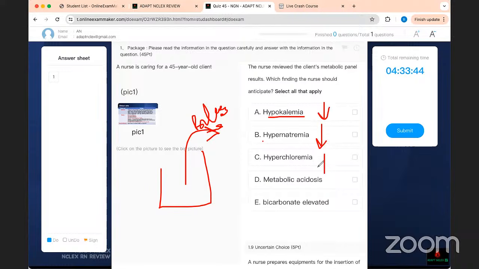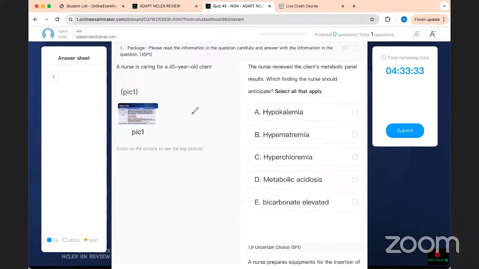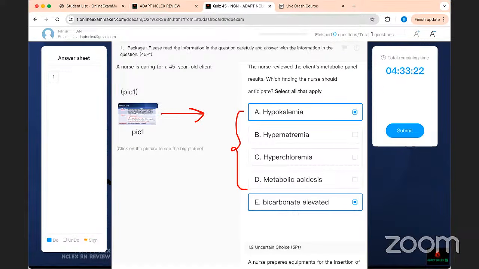Your chloride goes down. You have metabolic alkalosis, no acidosis, and so bicarb is elevated. You should be able to figure this out easily because you know the patient is vomiting. So this is the key aspect of it. We're going to see hypokalemia and elevated bicarb.